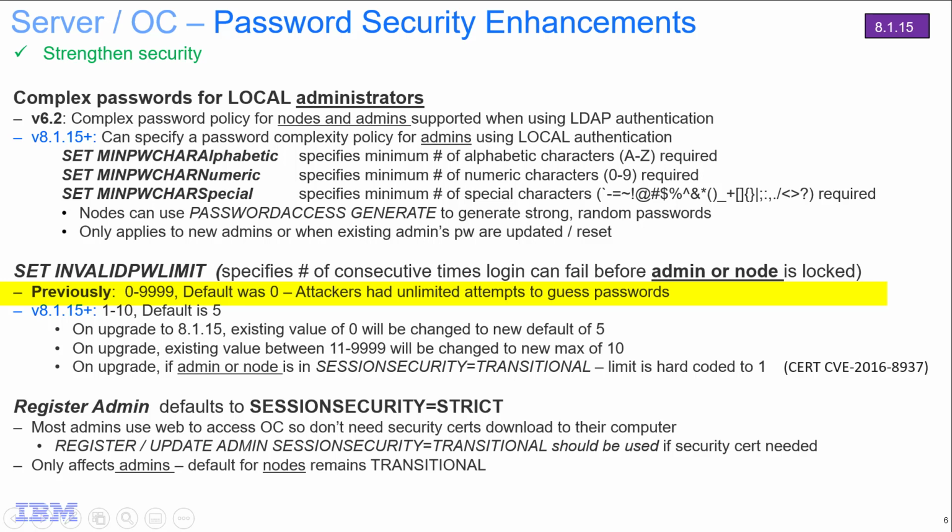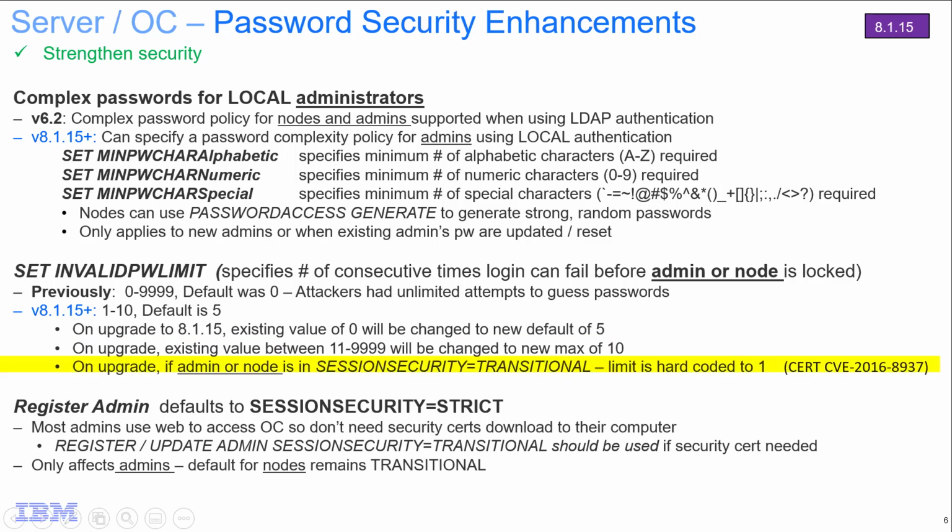Starting in version 8.1.15, the new default is 5. When we upgrade to version 8.1.15, we will change an existing value of 0 up to 5. If you had set your invalid password limit somewhere between 11 and 9,999, we'll set that to the new maximum of 10 invalid logons.